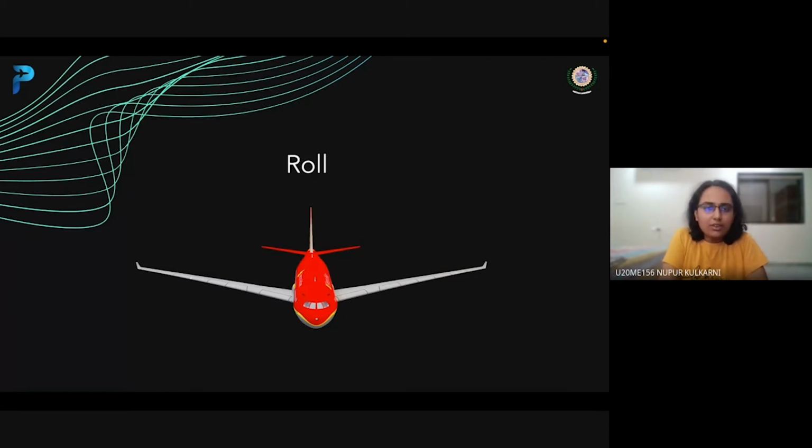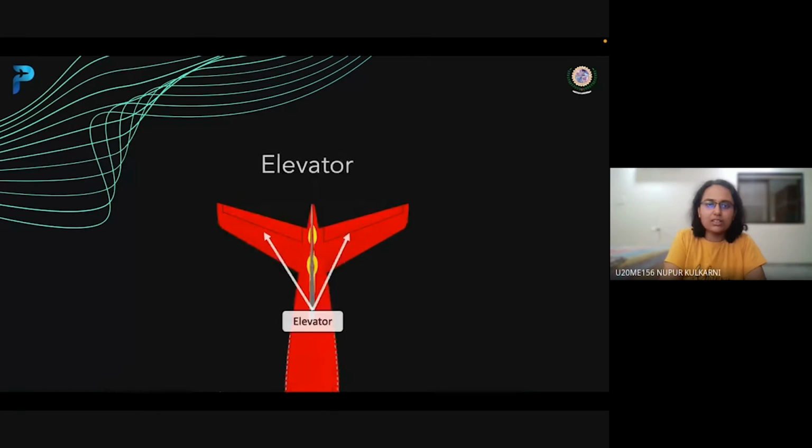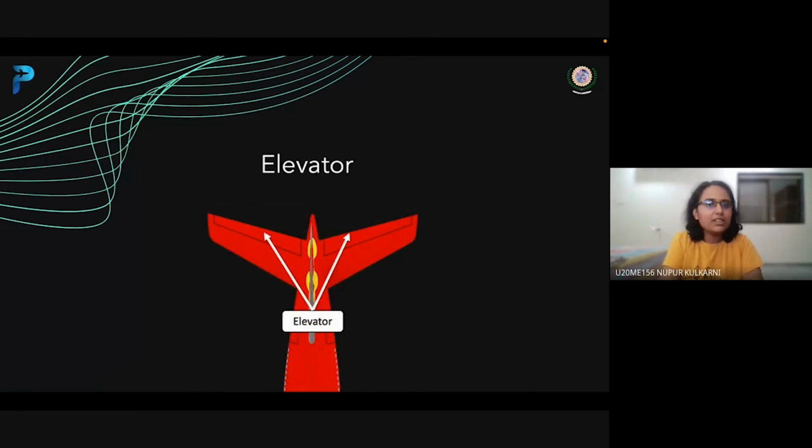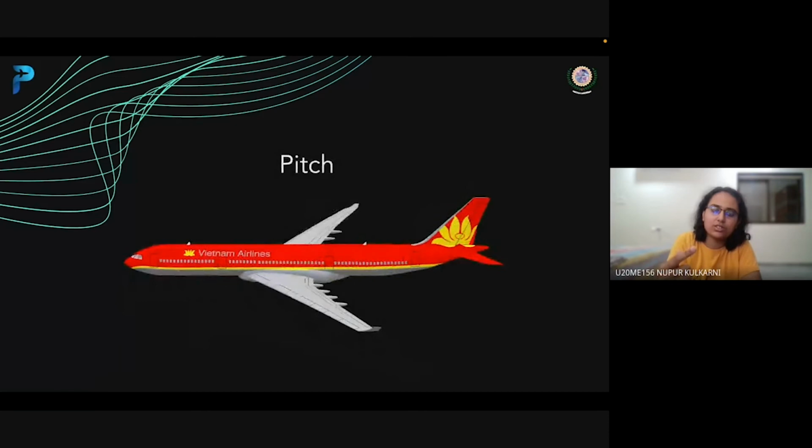The next control surface which we'll see is the elevators. Elevators are installed on the horizontal stabilizer. This horizontal stabilizer is a part of the empennage, the tail. When we deflect elevators, it leads to pitching movements, a movement which occurs about the lateral axis, the axis along the wings.